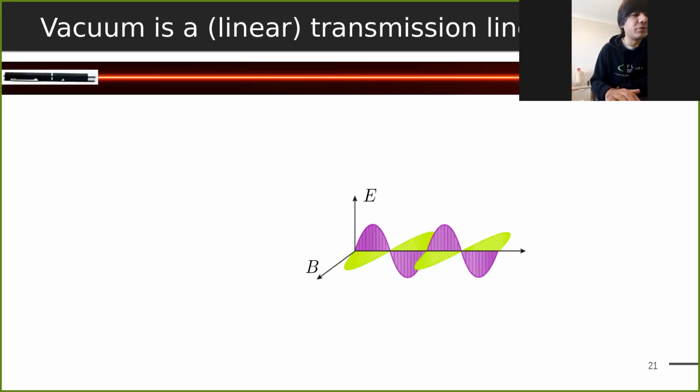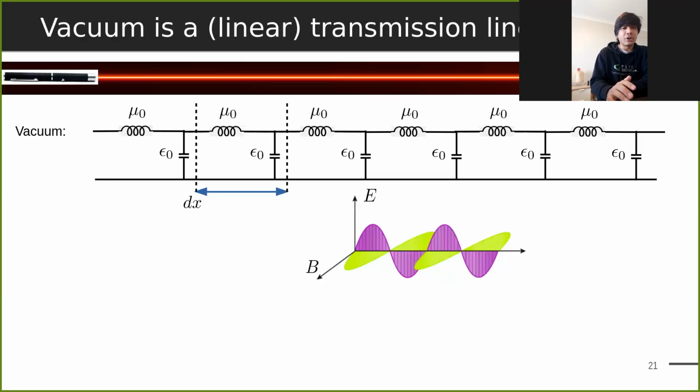So for example, if you shoot a laser, this laser is an electromagnetic wave, and it's like a very pristine guided wave propagating in this direction. We can easily model this with these distributed element models. This is actually the vacuum representation of the vacuum Maxwell equation.